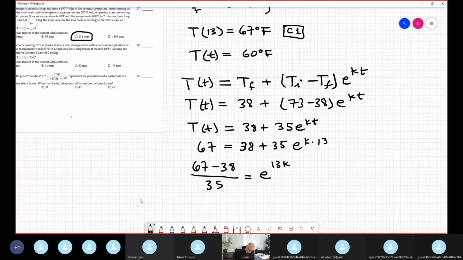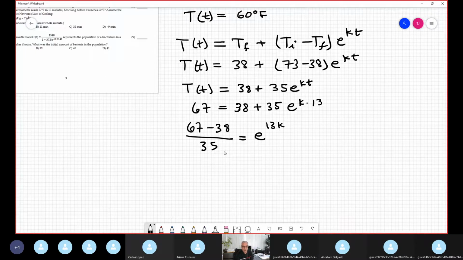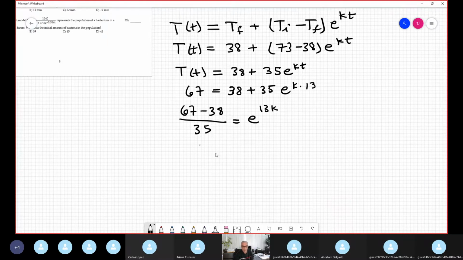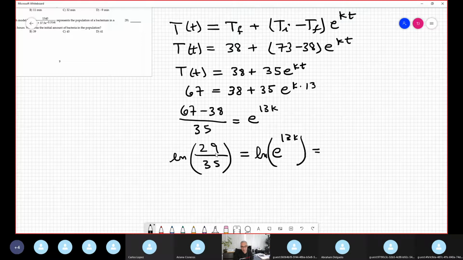Minus 38. The answer is 29. Actually, we have 29 over 35. 29 over 35 equals e to the 13k. Apply logarithm on both sides. I know very well that this undoes each other, leaving 13k.